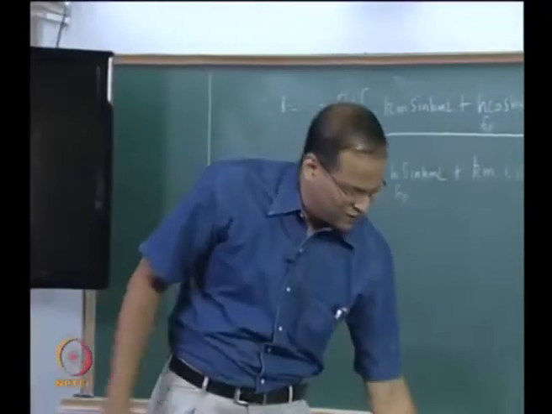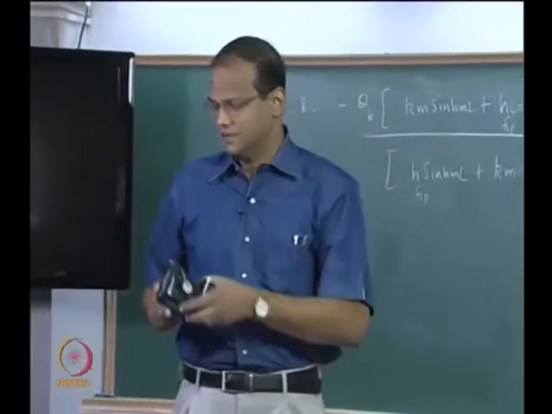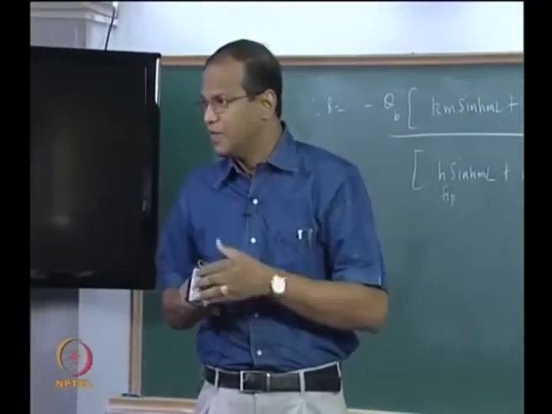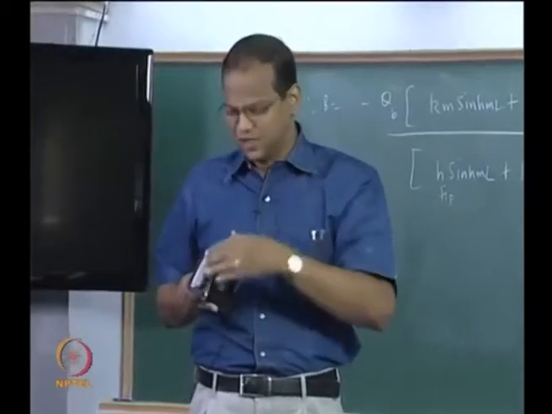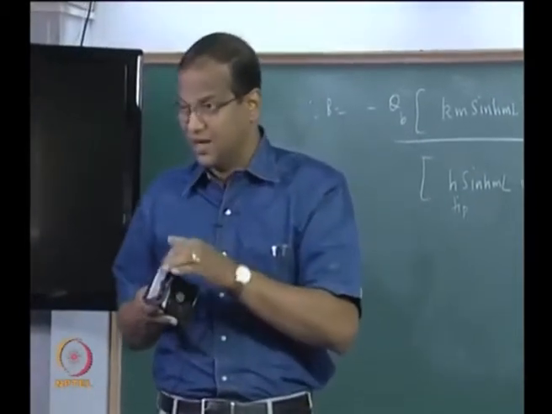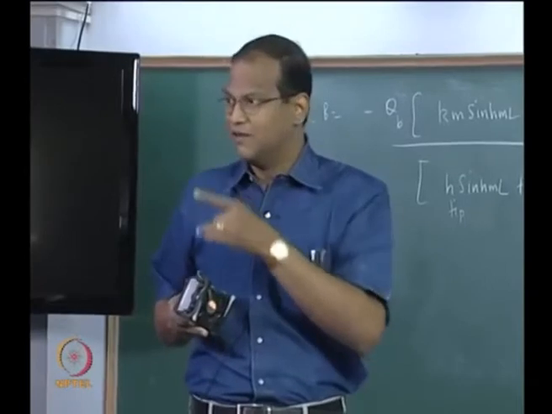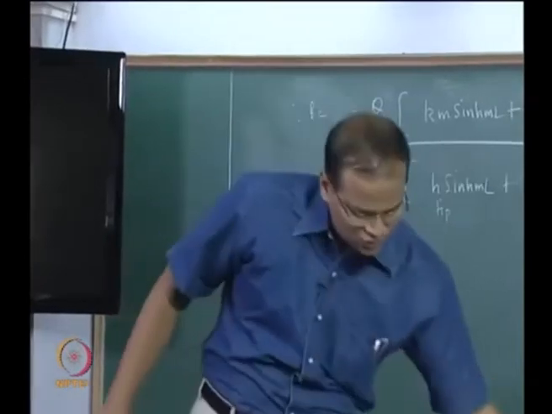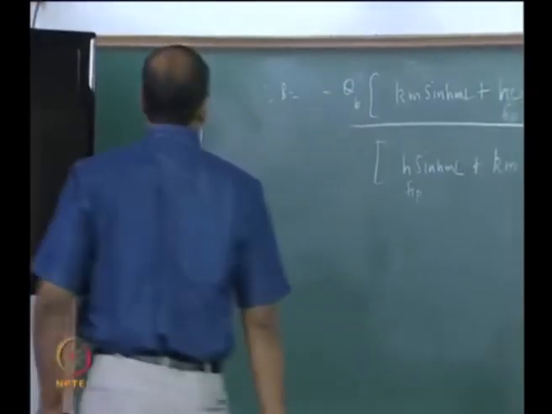When you are blowing air, if it is forced convection, it won't matter much. But still, for a vertical plate and a horizontal plate, different correlations are available. So in order to be clinically correct, we will have this.